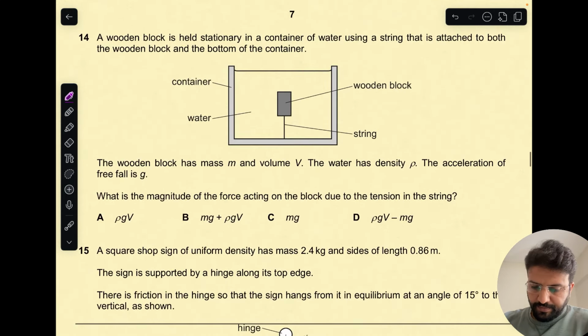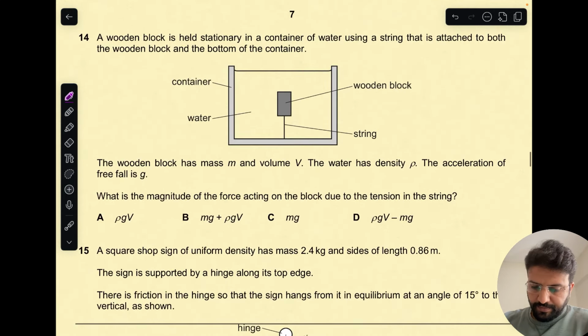In the next question, a wooden block is held stationary in a container of water using a string that is attached to both the wooden block and the bottom of the container. The wooden block has a mass of m and a volume V. The water has a density rho. What you have to find is the tension. Just look at the scenario.